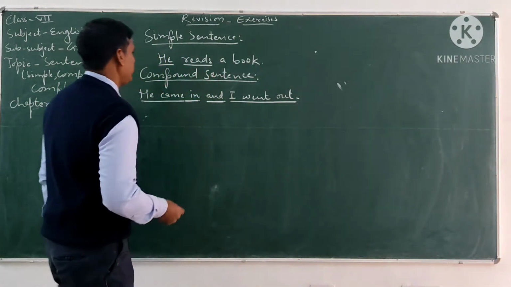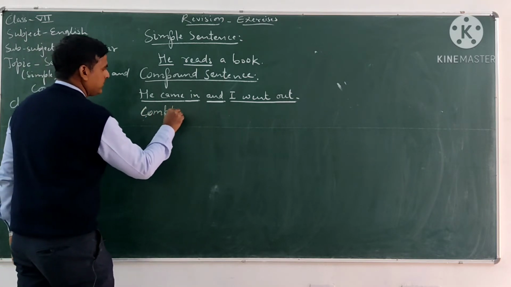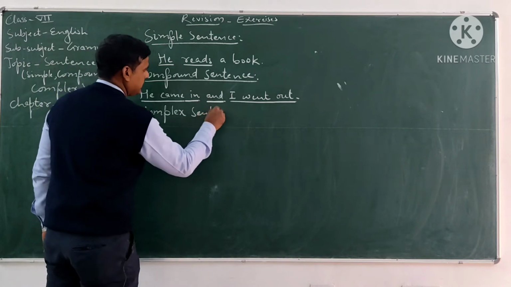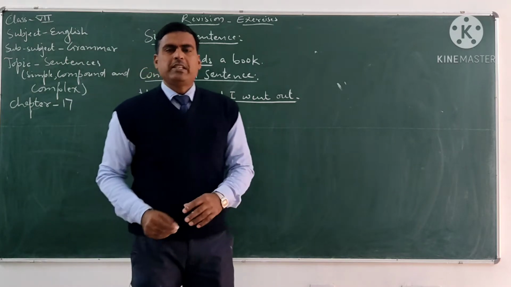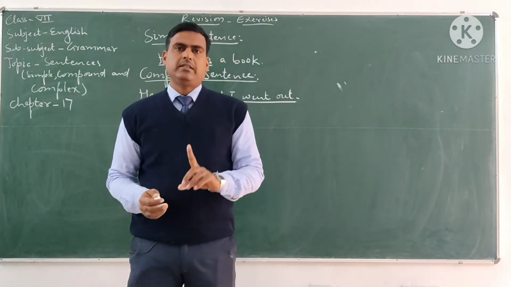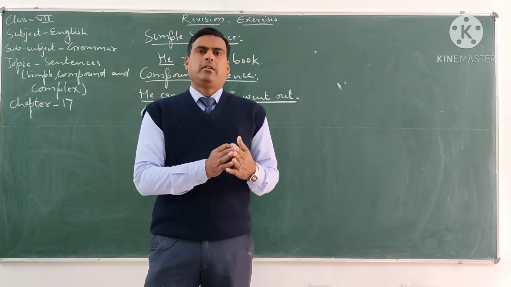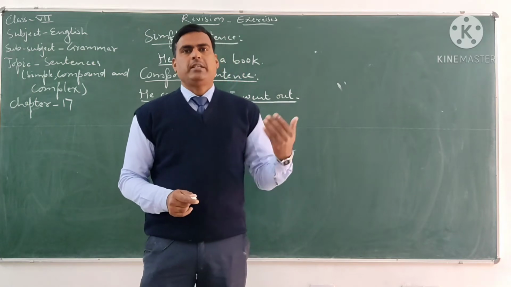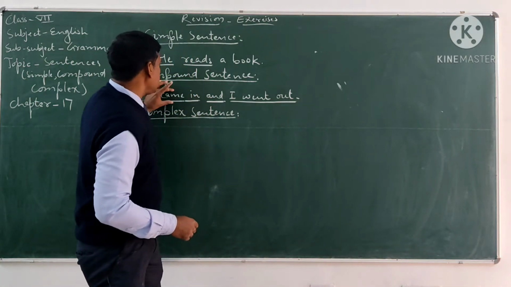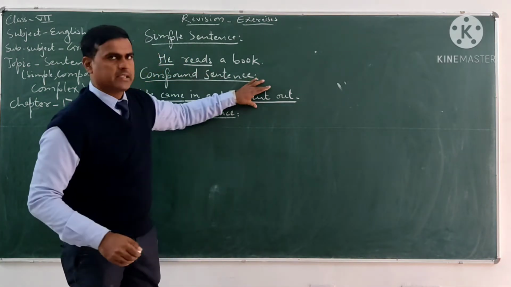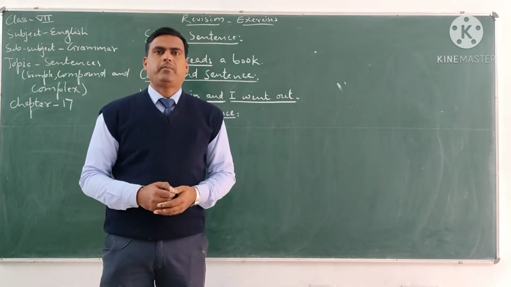Now come to the third one. The third one is complex sentence. A complex sentence is a sentence which contains one principal clause and one or more than one subordinating clauses. In compound sentences, the clauses are coordinating because they are used in equal rank.